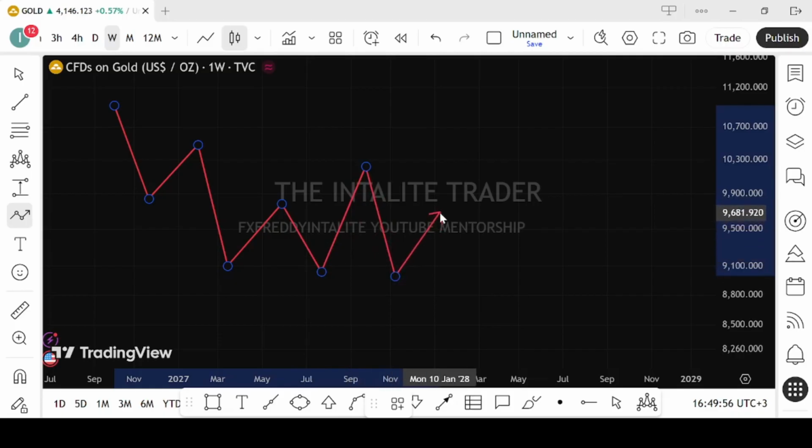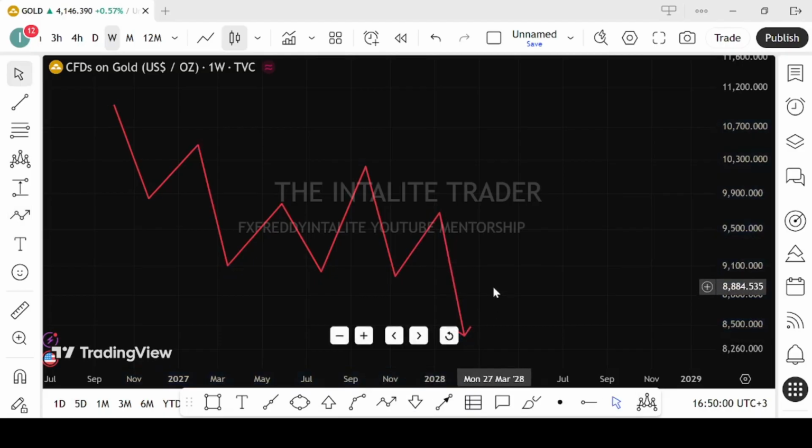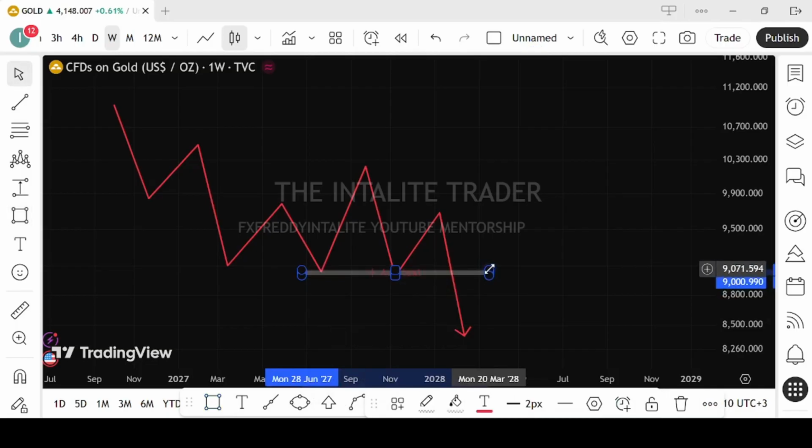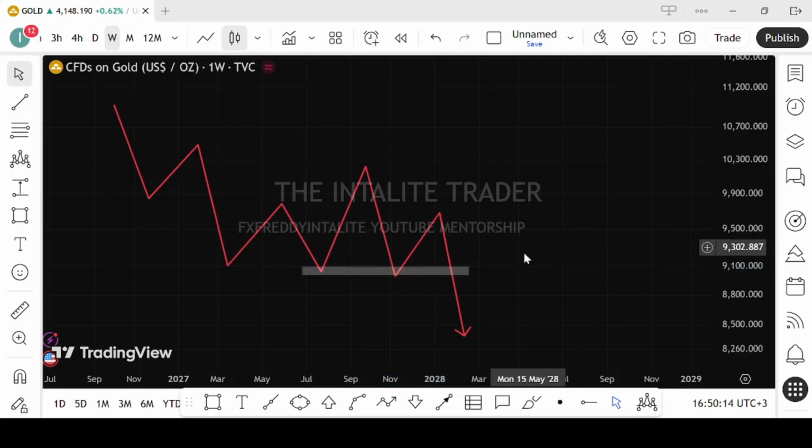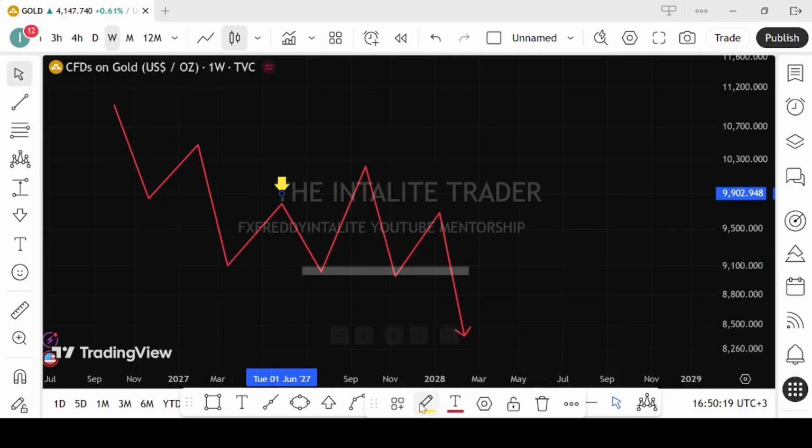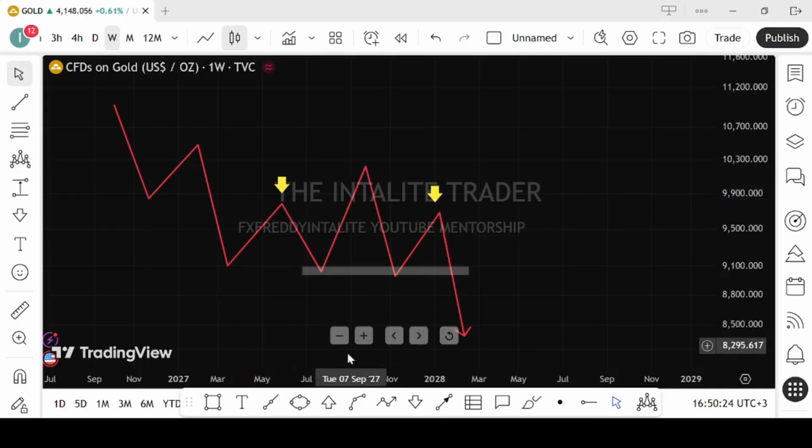So this is also still a head and shoulder pattern, where you have your neckline form here at the key level. Then you have your left shoulder, you also have the right shoulder, and you have the head, this one being your head.